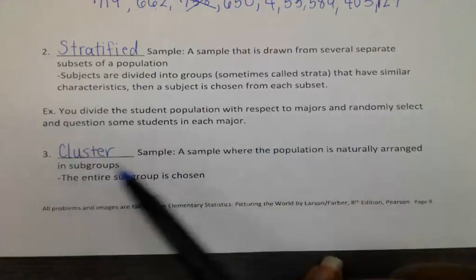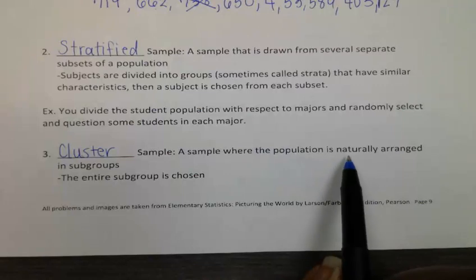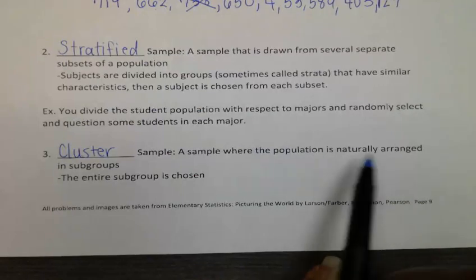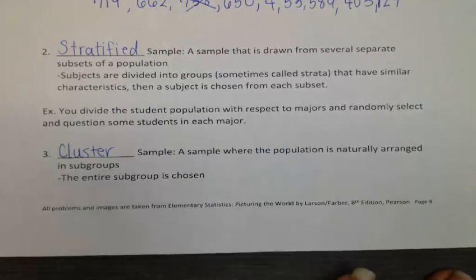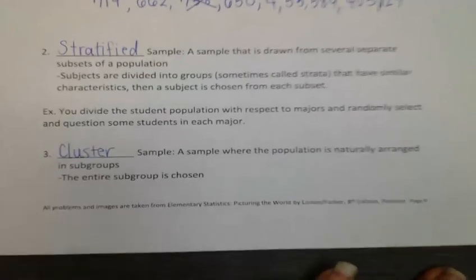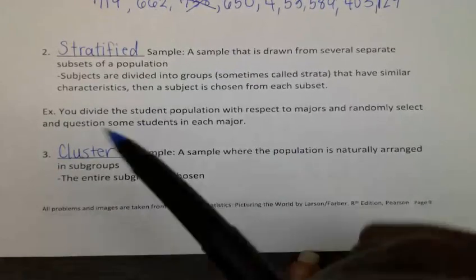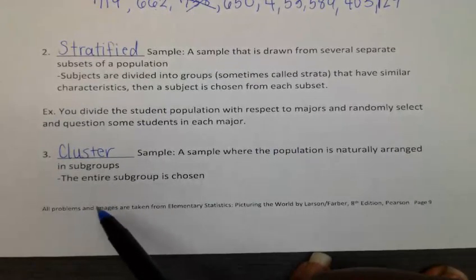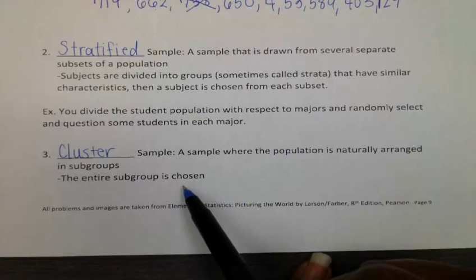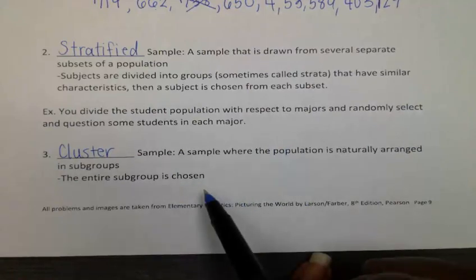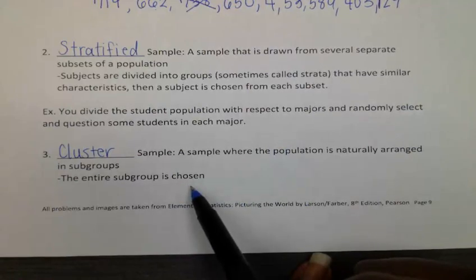Doesn't have to be, but sometimes they are. This is not a requirement. Sometimes you do have to break up the group yourself. Most of the time, they're naturally arranged. If you do have to break it up yourself, that's fine. But this time, you're not taking one of each. You're taking an entire group, the whole group, the whole thing.